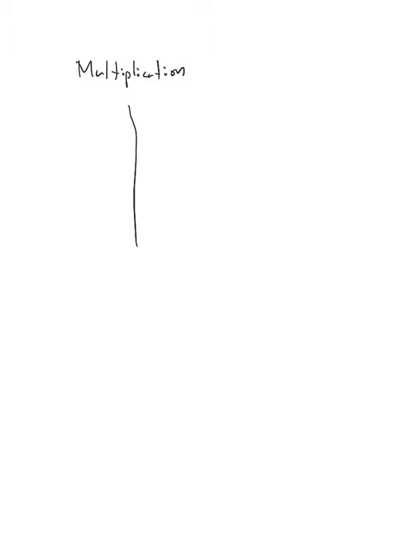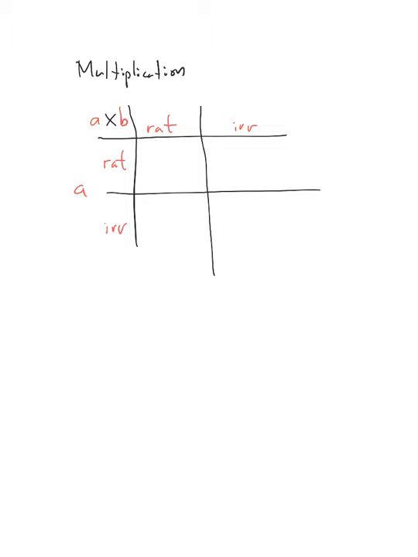So just like before, there's not a lot to say about rationals, so we'll do the same thing. This is a times b. This is when a is rational and irrational. And we know if we multiply two fractions, we get another fraction.